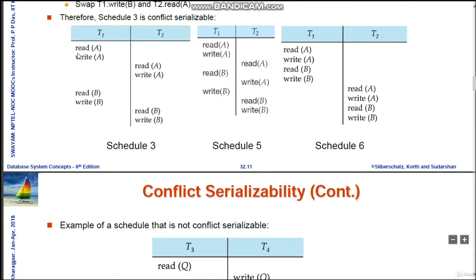If Ii means write A, first we read A from our database. Okay, we write A in our database. Suppose when we read A, its value is 10, but after writing A, its value becomes 100. Now when T2 reads A, at that time it is not reading from the database, it is reading from the write A, whatever was written in the main memory buffer.